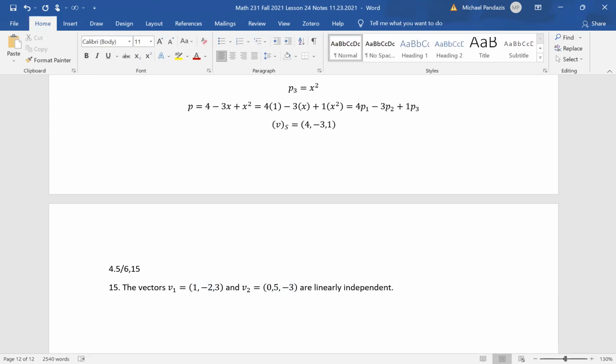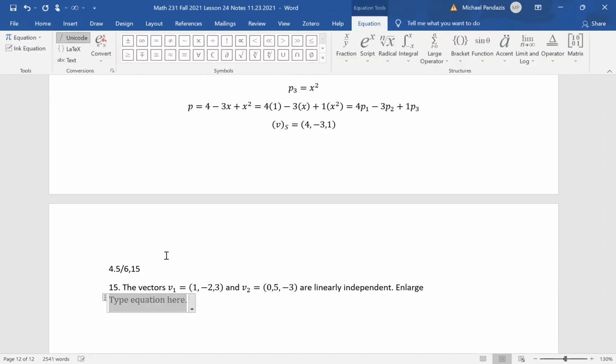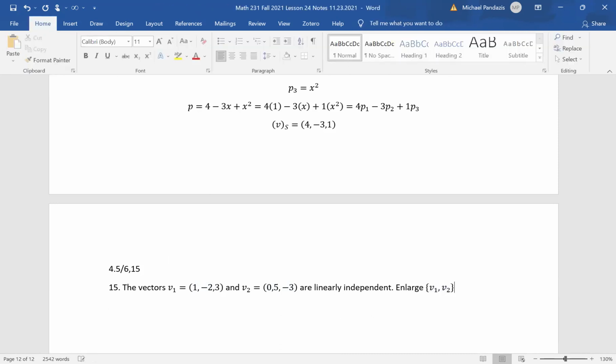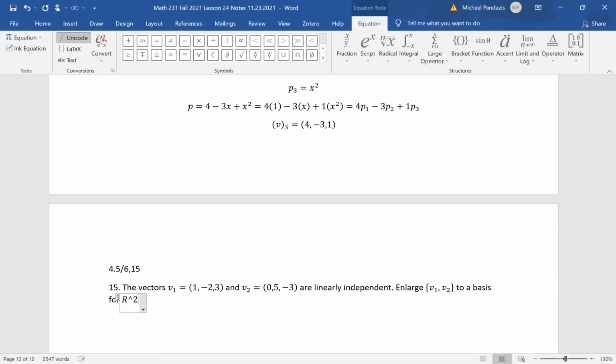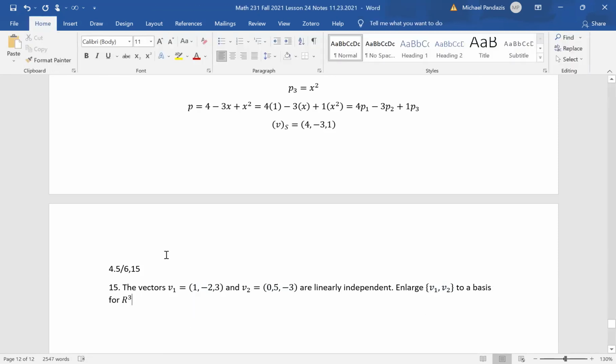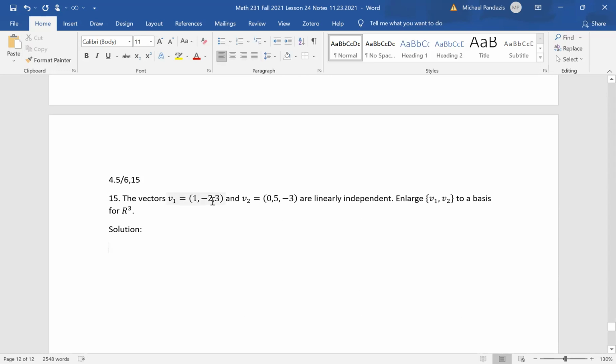Because neither is a scalar multiple of the other, and it's 2 elements in the set. Enlarge v1, v2 to a basis for R3. So we want to enlarge that set v1, v2 to a basis for R3. We just need a vector that's not in the span of v1 and v2.